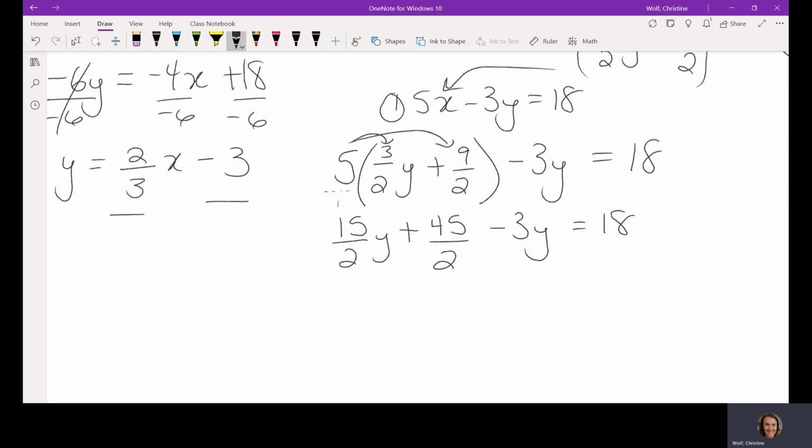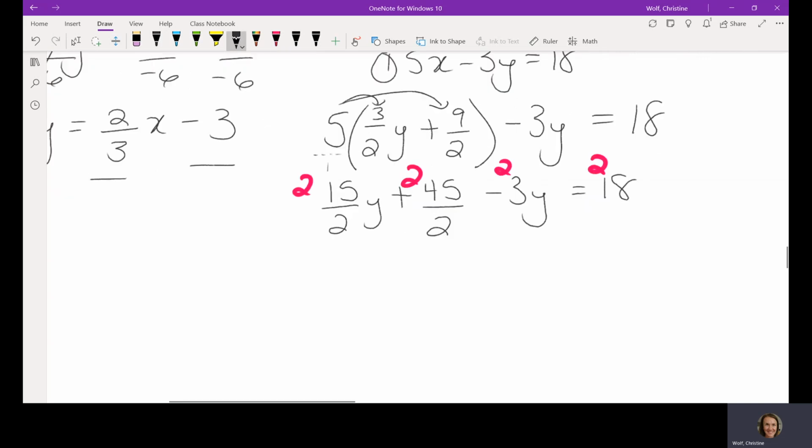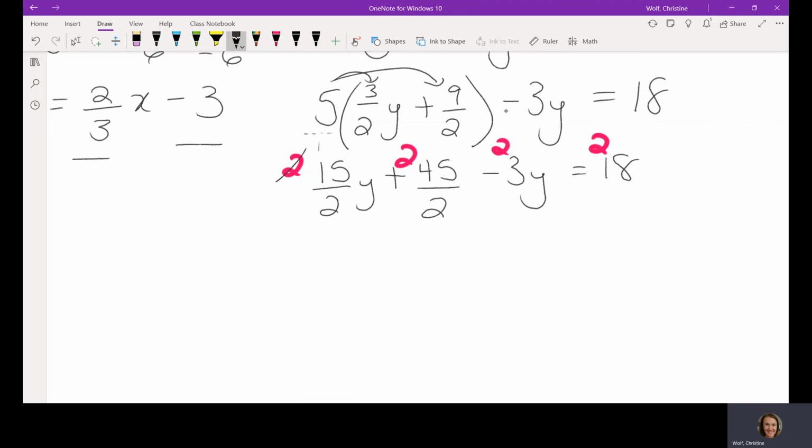So now that those brackets are gone, I'm going to get rid of the fractions. The denominator is 2, so times 2, 2, 2, 2. I have to send it to everything. I have to be fair. So 2 over 2 cancels, and I have 15y plus, 2 over 2 cancels, 45, minus 6y equals 36.